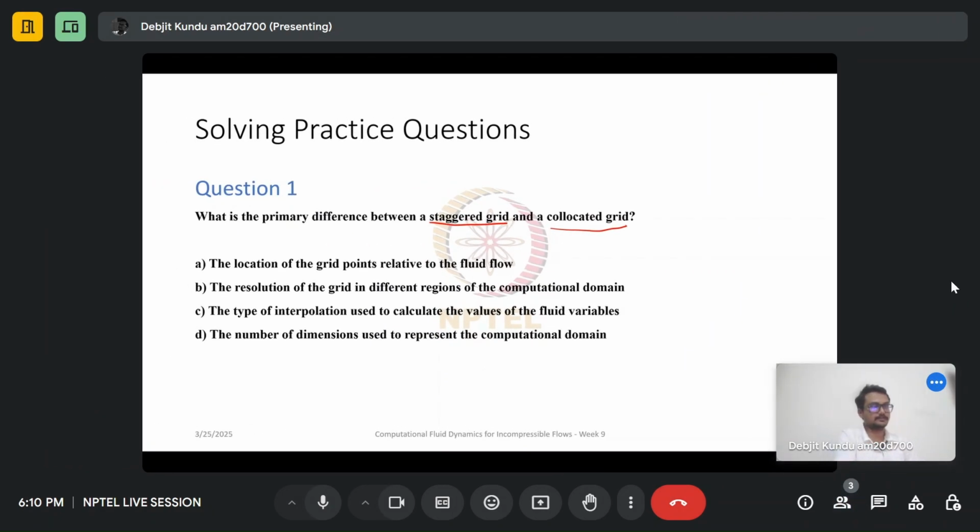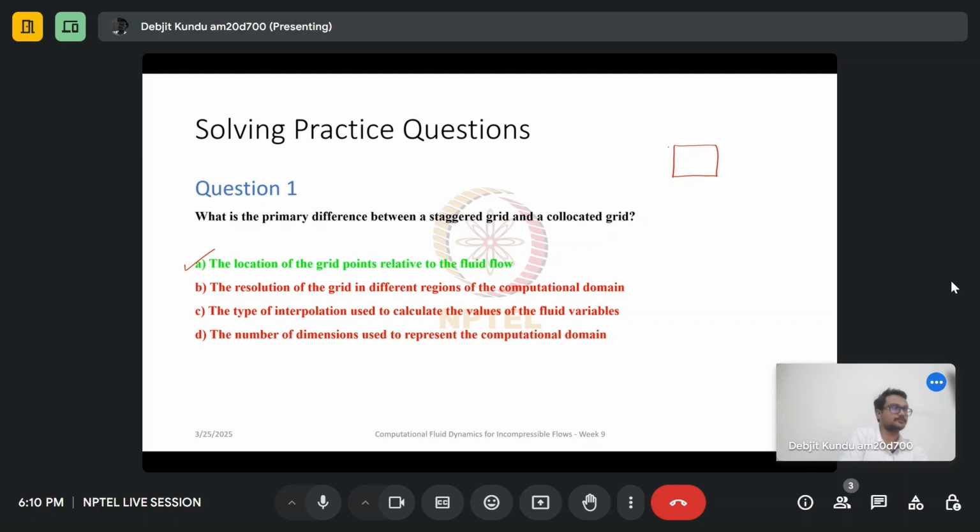Okay, so let's take a look at the answers. It is option A, the location of the grid points relative to the fluid flow. So basically, this is what we learned, right?